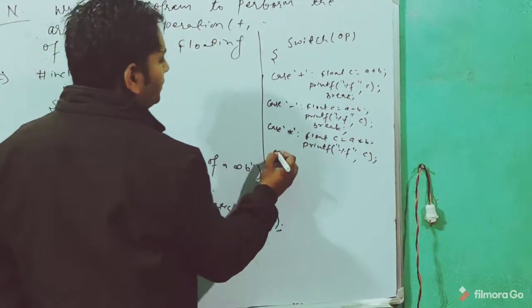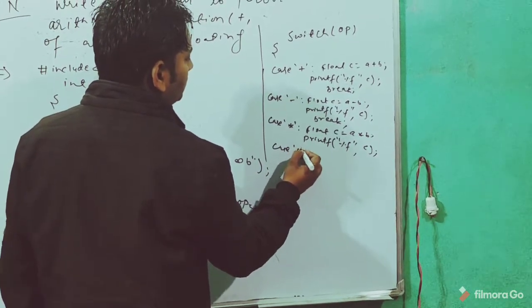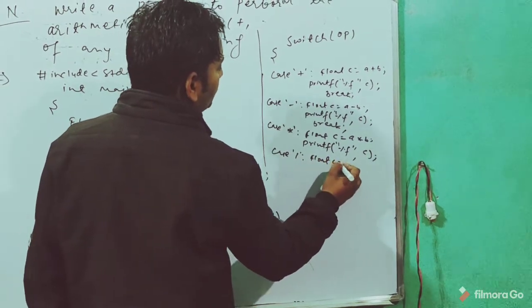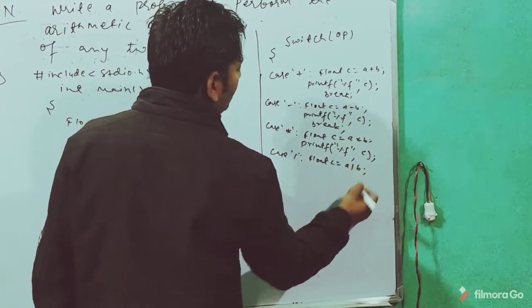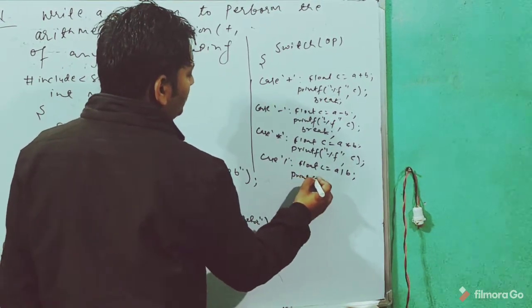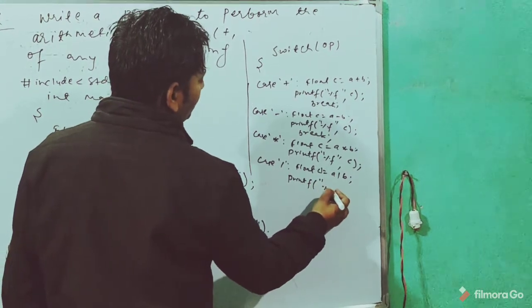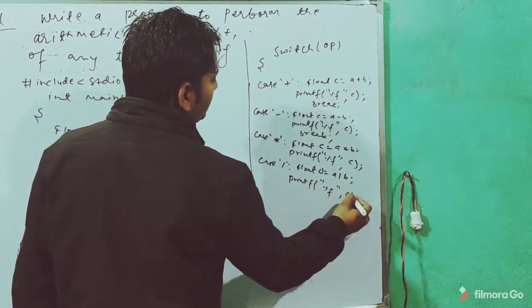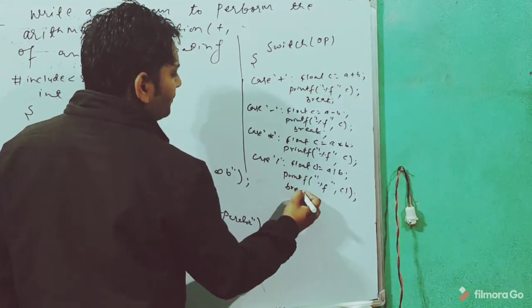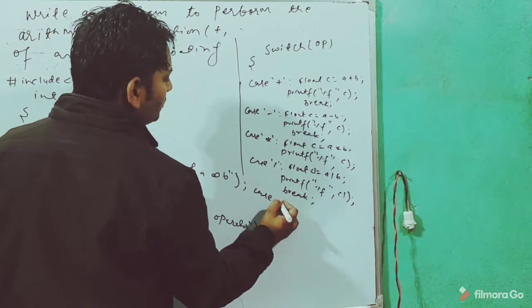Similarly we can do division also: float c is equals to a divided by b. Then again printf. If you want to give a different variable, such as c1, yes, we can write any variables, so %f with c1. Then the break statement.